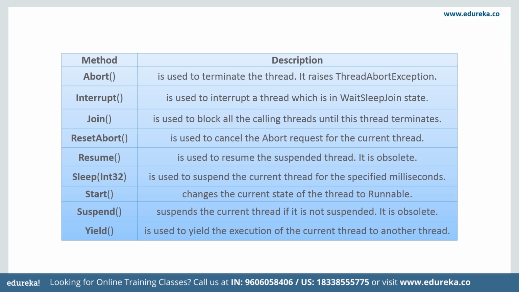Then we have the Resume method. This is used to resume the suspended thread. It is obsolete. Sleep(Int32) is used to suspend the current thread for the specified milliseconds. Then we have Start, which changes the current state of the thread to runnable. Then we have Suspend, which suspends the current thread if it is not suspended. It is obsolete. Then finally we have the Yield method. It is used to yield the execution of the current thread to another thread.